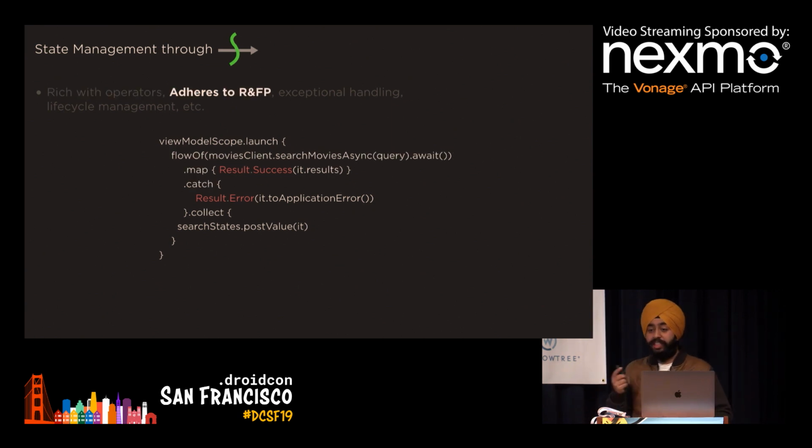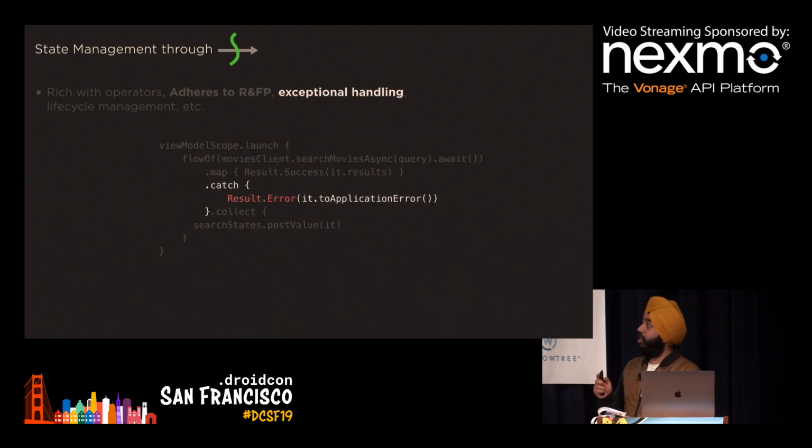And here is the major win, which is that you are now following a functional and reactive paradigm, which says that now you can have a paradigm which gives you a predictable state at each and every point. You don't have any sudden side effects.